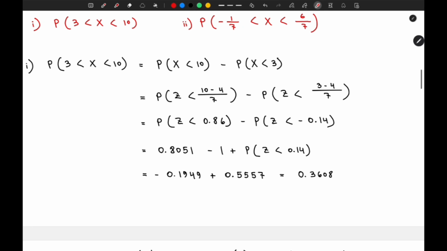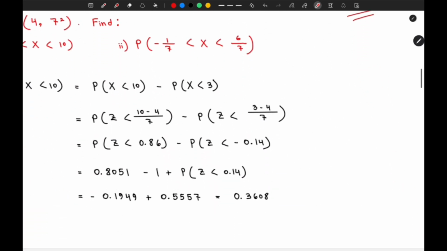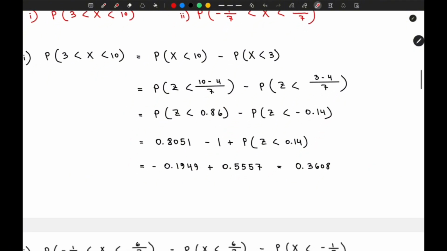And if you use the formula we have seen above, which is this one, if you have a negative constant, you can write it as 1 minus probability of z is less than a. Since there's a minus sign at the front, we can replace this with minus 1 plus probability of z is less than 0.14.